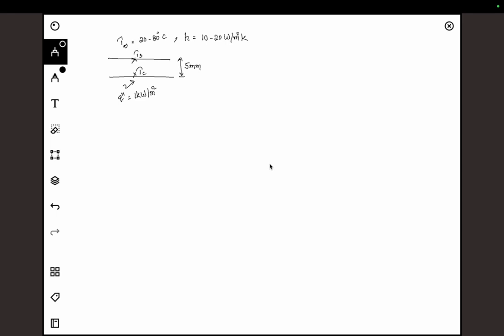If you are familiar with the resistor method, or if you just write the conservation equations here, the net heat transfer from the base of the plate should go through the particular material, this insulator that we have, through conduction. From the insulator to the outside ambient, it will go through convection.